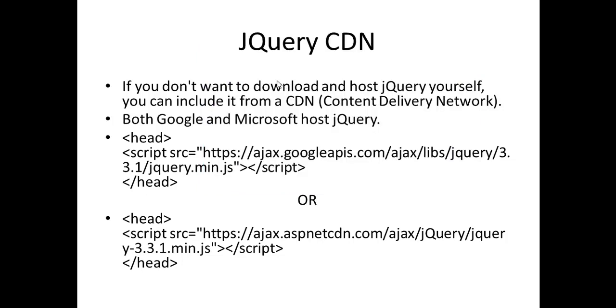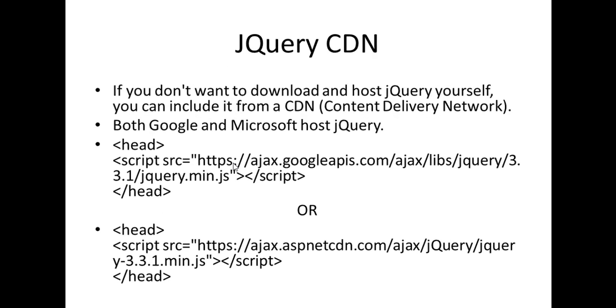So one such cloud resource is there for jQuery also, one by Google and another one by Microsoft. There are also some other content delivery networks. These are just two popular ones I wanted to highlight.